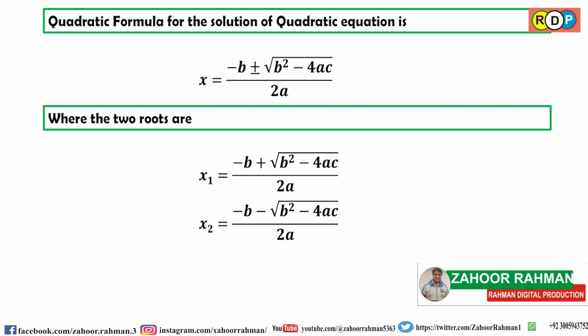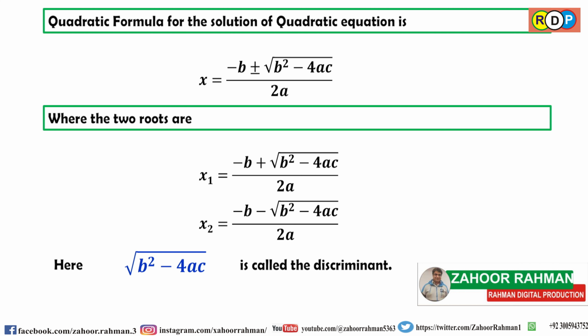One very important thing is there, and that is that here b square minus 4ac is given a very distinct name, and that is discriminant. Based on the evaluation of the discriminant, we can determine what sort of two roots we will find.